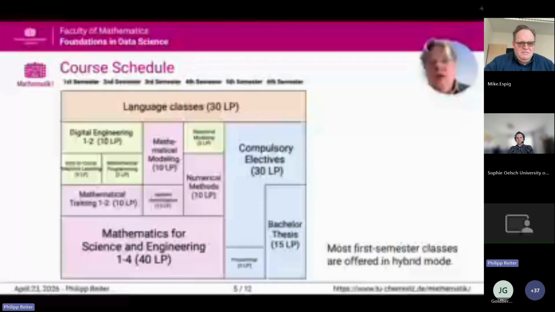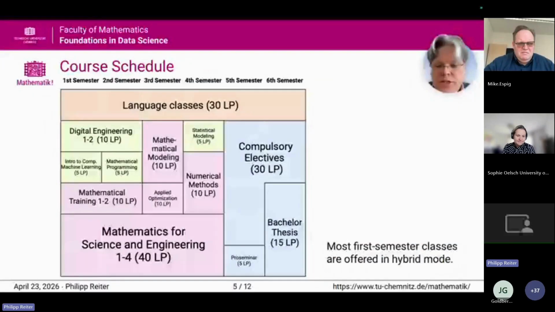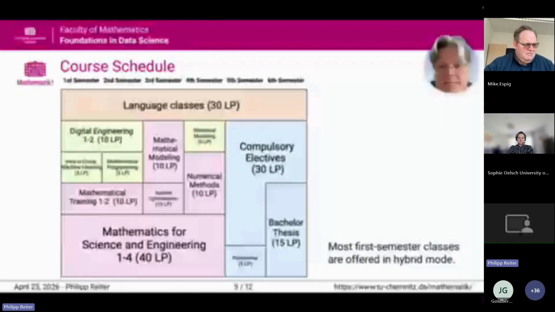Here is the course schedule, and you see that in particular we place an emphasis on learning languages. You are not required to have any pre-knowledge in German. Of course, you need to know English, but for German, you don't need any prerequisite.